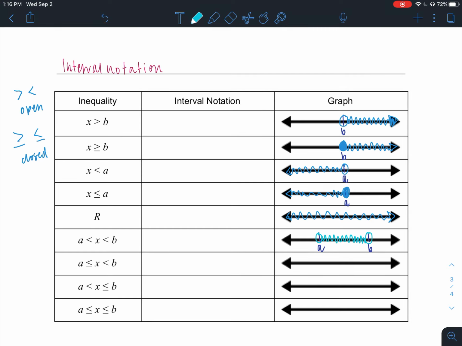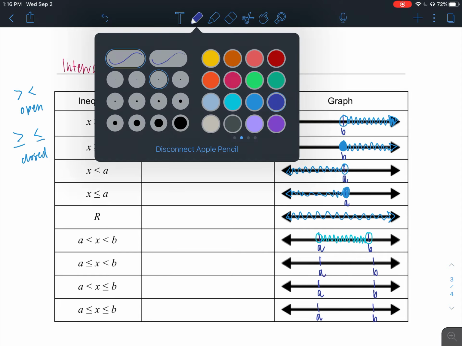And pretty much it's going to be the same graph over and over again with mild variations, since we have these compound inequalities. So I'm going to go ahead and speed through these.